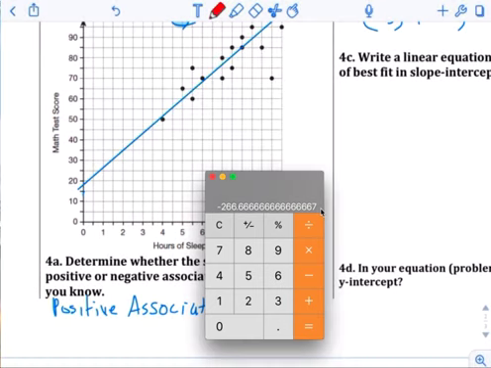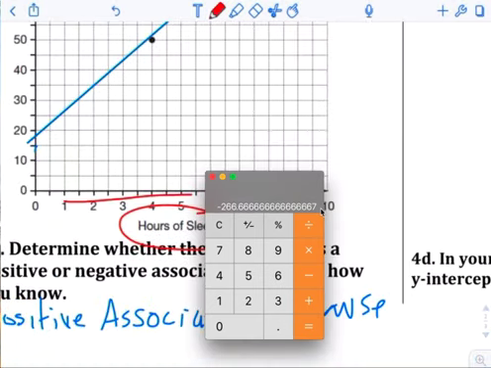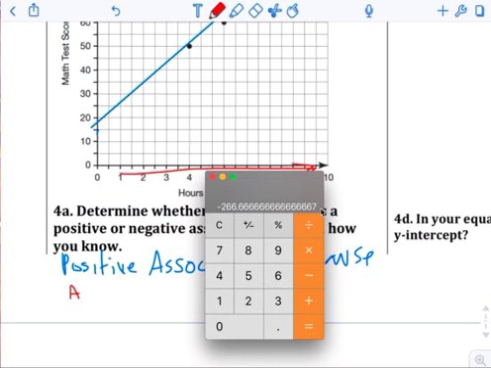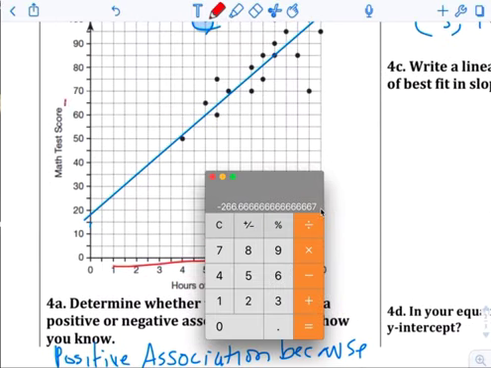As your hours of sleep increase, hours of sleep goes from 0 to 10, as hours of sleep increase, this is math test scores, also increase.